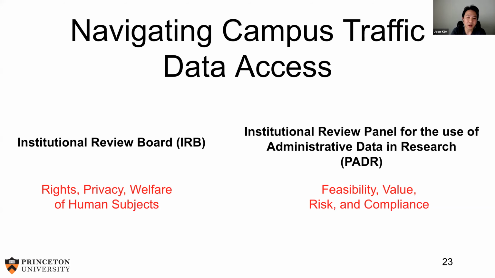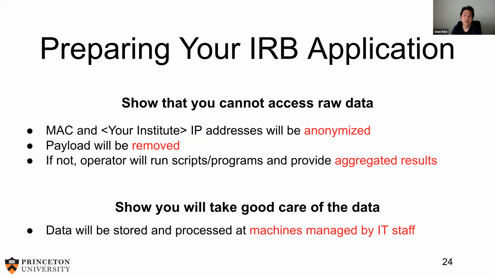So let me talk about IRB a bit more. When you're preparing your IRB application, I think it's important that you show you cannot access the raw data. This is very important. You say you're going to anonymize every MAC address and your institute's IP addresses.